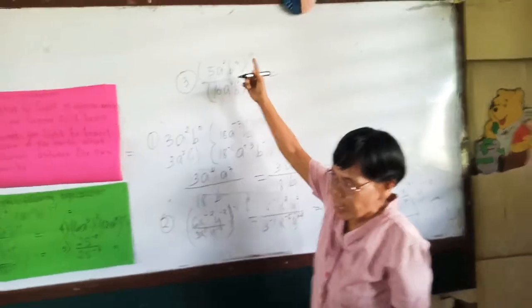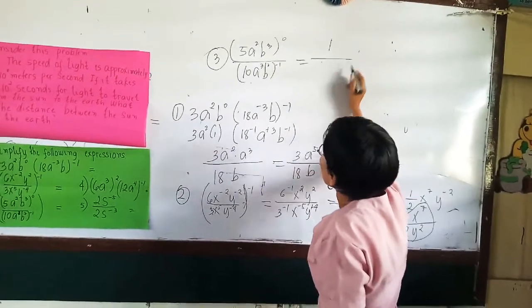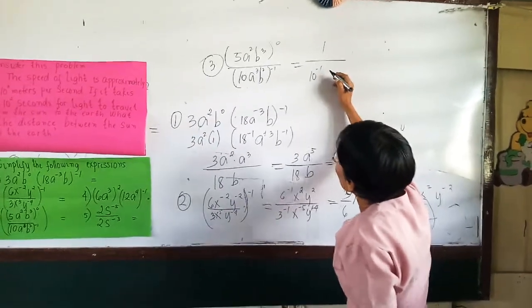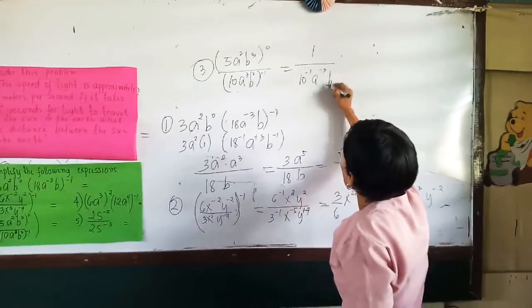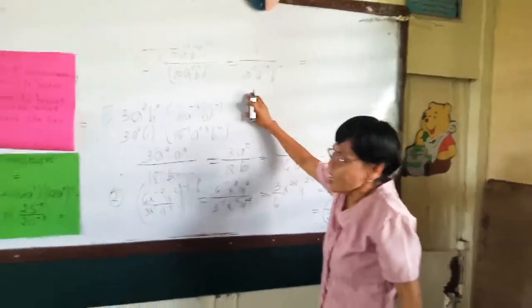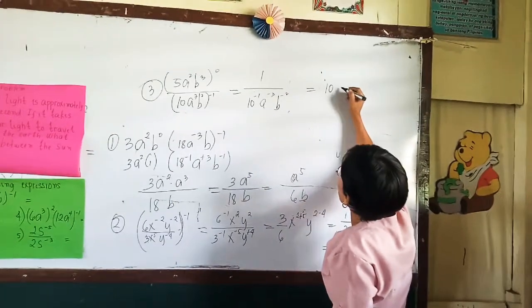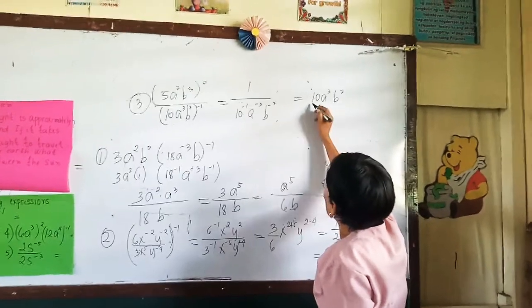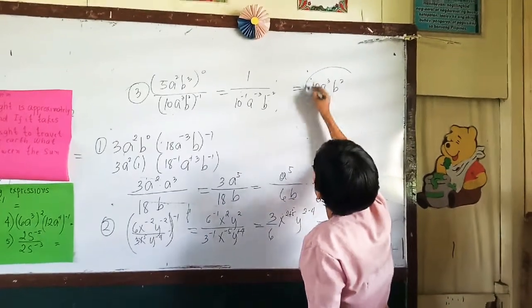So again, the exponent is 0, so therefore it is automatically 1. So 10 negative 1 a negative cube b negative 2. So since they are all negative, the answer is 10 a cube b squared. This is already the answer.